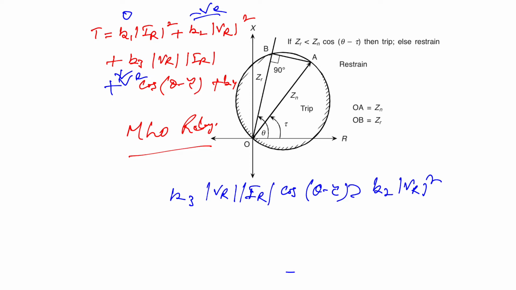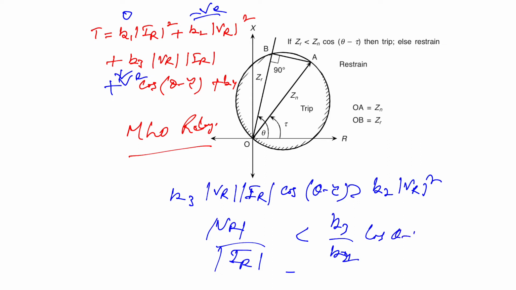Now the final torque equation, after certain simplifications, we are getting VR divided by IR is less than K3 by K2 cos of theta minus tau.